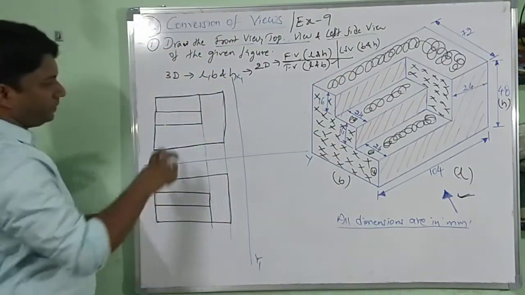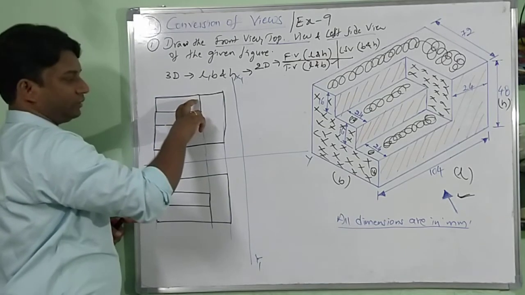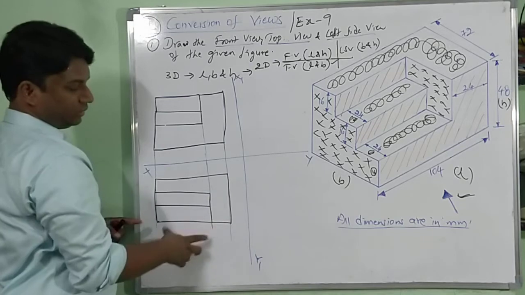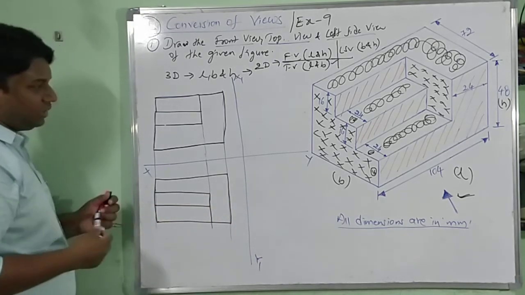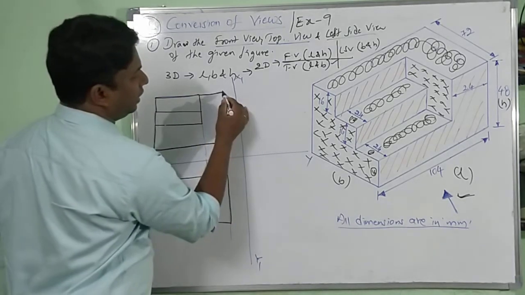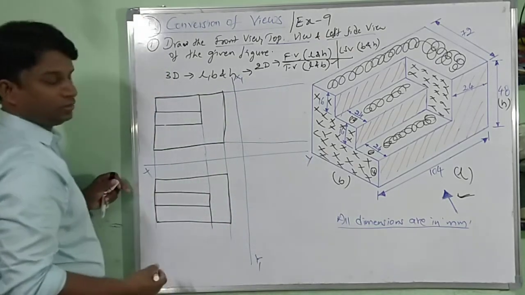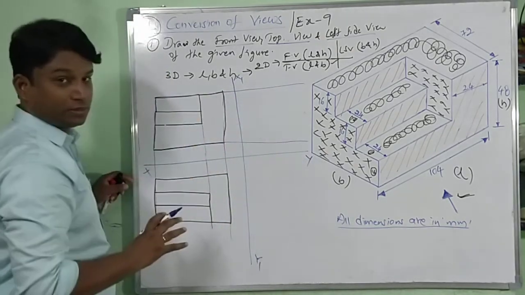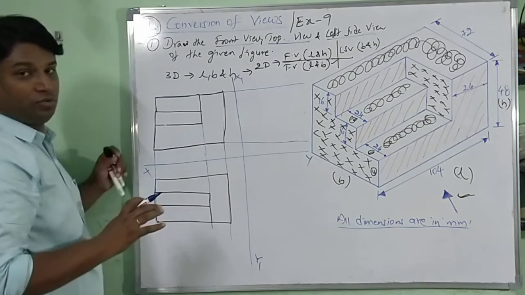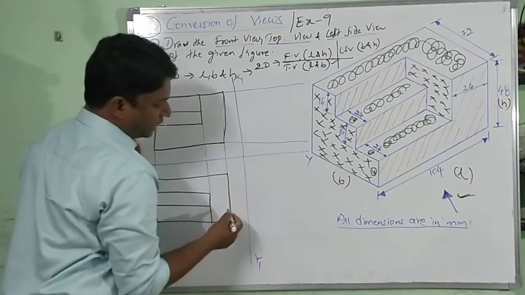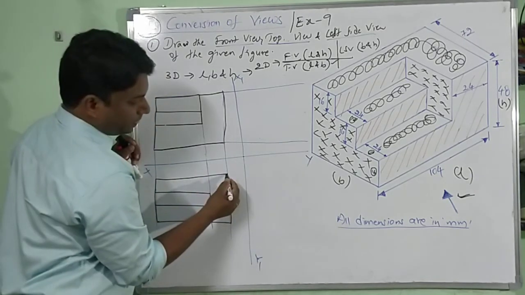Now if you observe, you have drawn the height here and this breadth here. This is length and this is breadth. Now from here, try to draw lines to match the same height of the front view. With respect to this center point, this is the breadth.